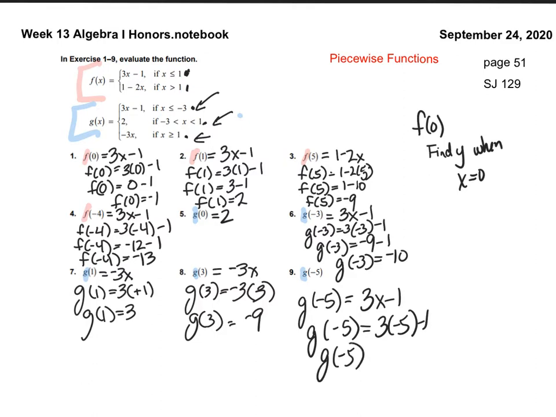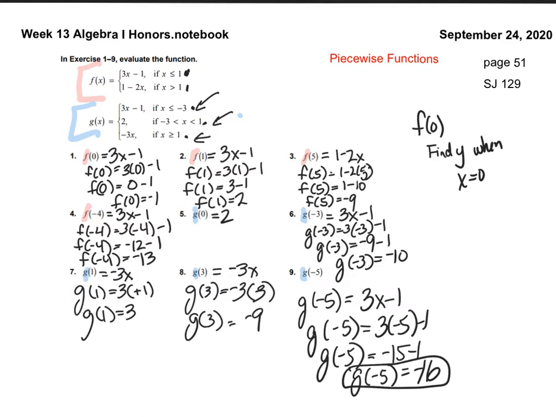You're going to evaluate that. Use your order of operations. Negative 16. When y is negative 16, x is negative 5. And that's how you evaluate a piecewise function.